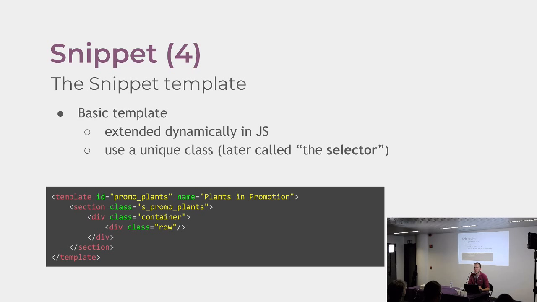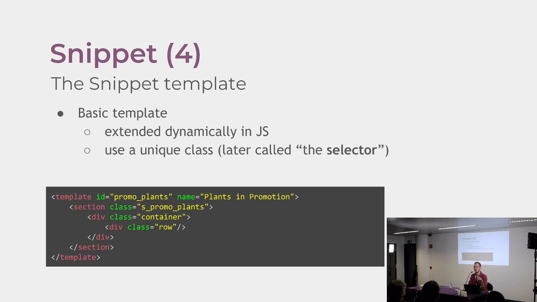To do so, as I mentioned, you have to create a template in QWeb. The template is very simple. It's actually just a container and a row. And this template will be extended later on with our JavaScript module. The only thing important here is to use a unique class called the selector that will be needed to match your JavaScript instance to your DOM in the page.